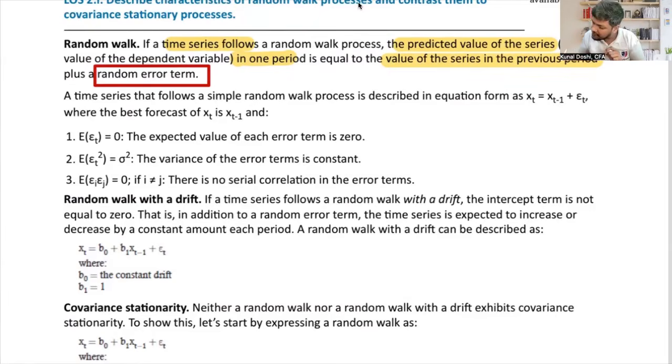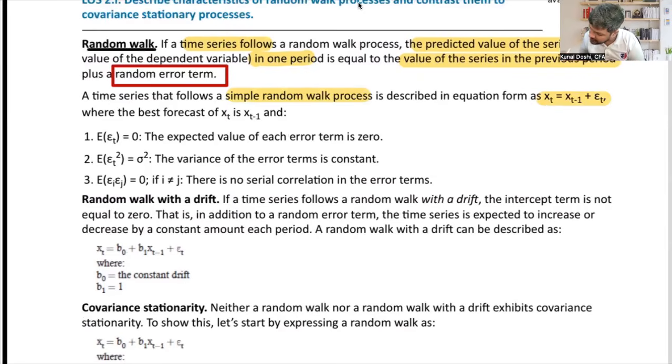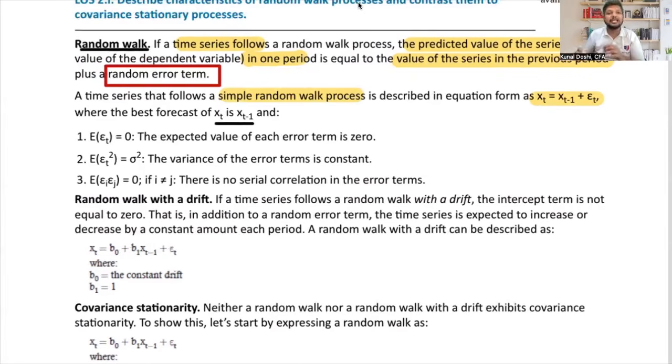Now, a time series that follows a simple random walk process is described as xt = xt-1 + error, the previous period's value plus the error. So the best forecast of xt is xt-1. The value of xt is based on the previous, historical value xt-1.